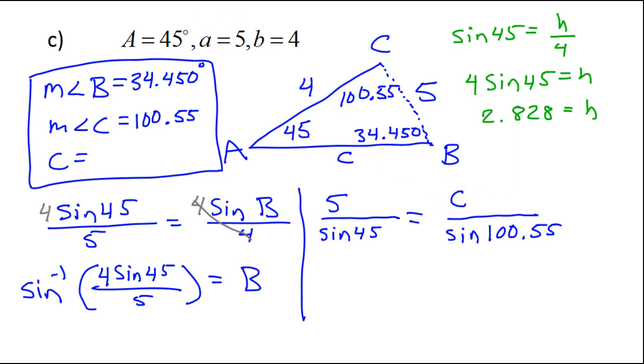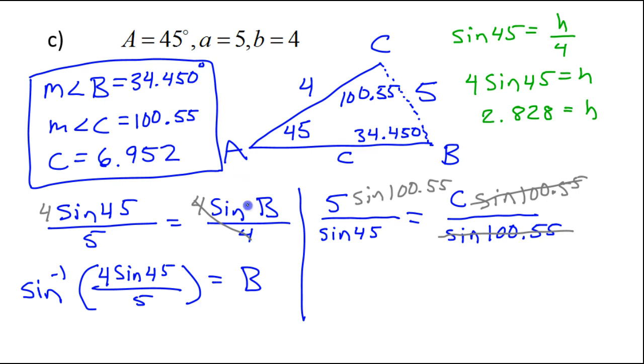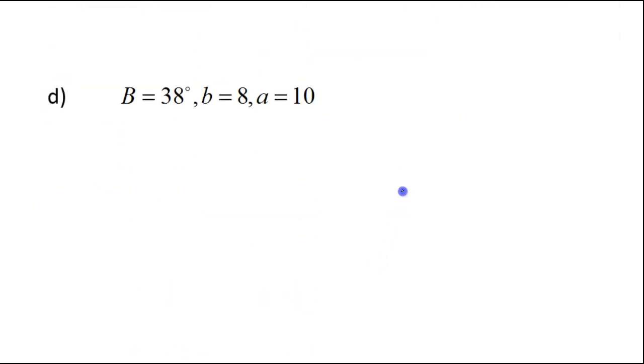To get C by itself, I need to multiply both sides by the sine of 100.55. All right, these will cancel out, and then I will have side C. So I'm going to put all this in my calculator at once. That turns out to be 6.952. So that's it. We have solved the blue triangle, which was the only triangle that could be made. All right, let's do one more.